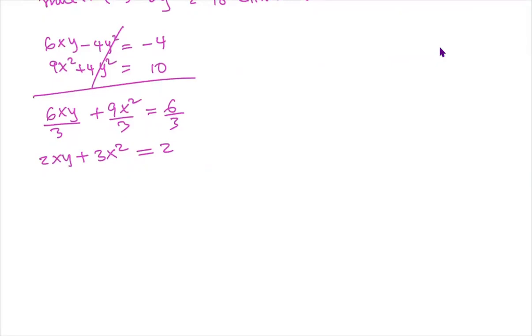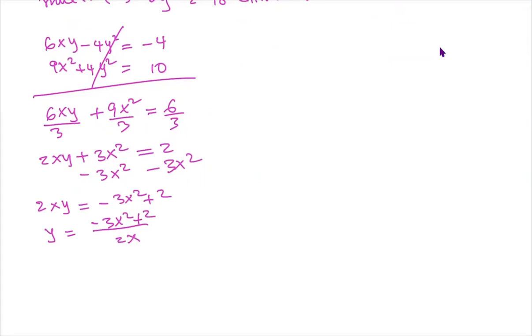If we solve this for y, you're going to have 3x squared subtracted on both sides. That's 2xy equals -3x squared plus 2. Divide by 2x, y equals -3x squared plus 2 over 2x.